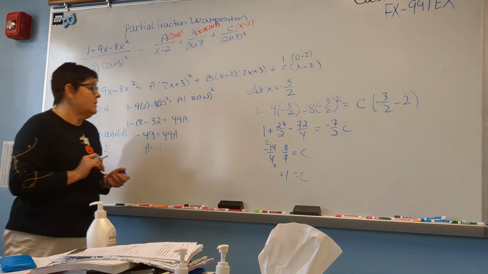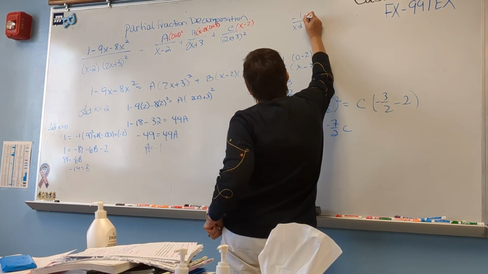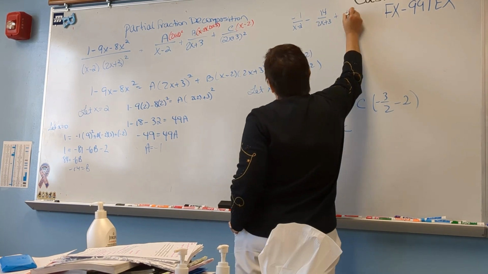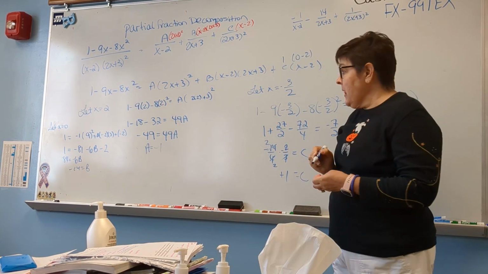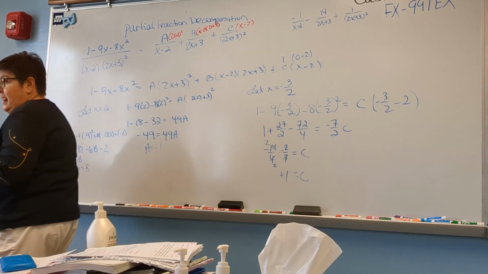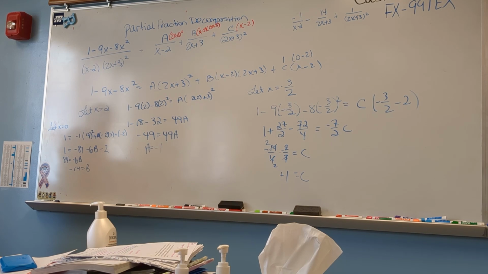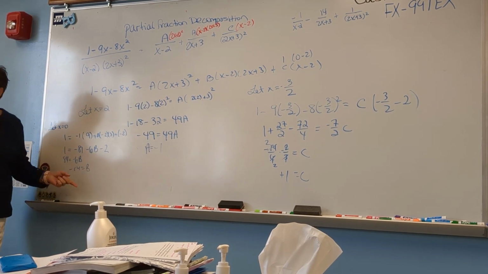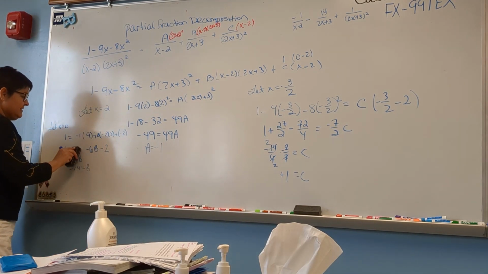Yay. So negative 1 over x minus 2, minus 14 over 2x plus 3, and 1 over (2x plus 3) squared. Wait, I think it's not 9 squared. It's just going to be 3 squared. Oh, I squared it. It worked good though. Darn it, I got overzealous.